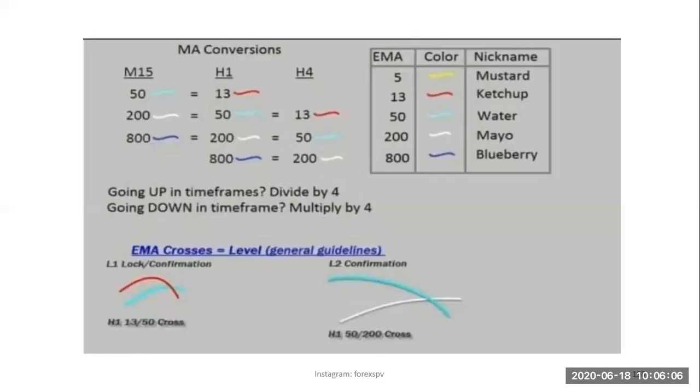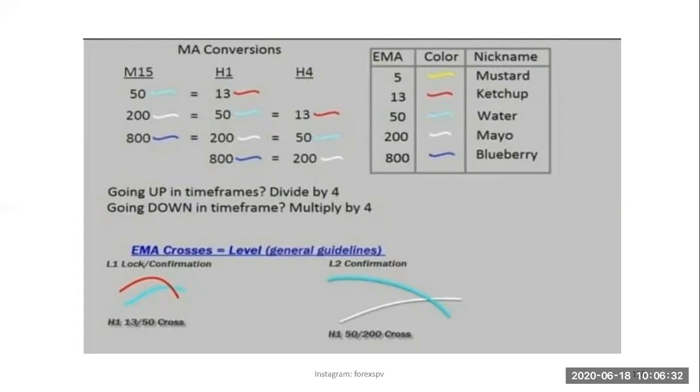Like if you see the 50 EMA on the hour 4 time frame, the position of the 50 EMA on the hour 4 is the same as the position of the 200 EMA on the hour 1. So 50 times 4 is the 200 EMA. I mean, it's the same as the 800 EMA on the 15 minutes time frame. So as you go down, you multiply by 4, and vice versa. As you go up, you divide by 4.